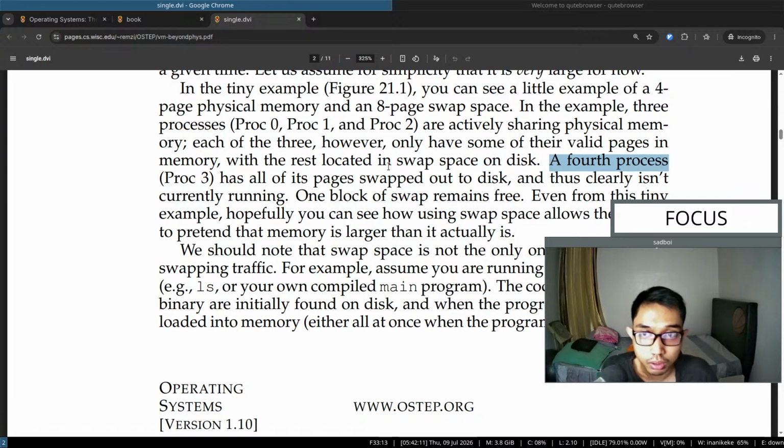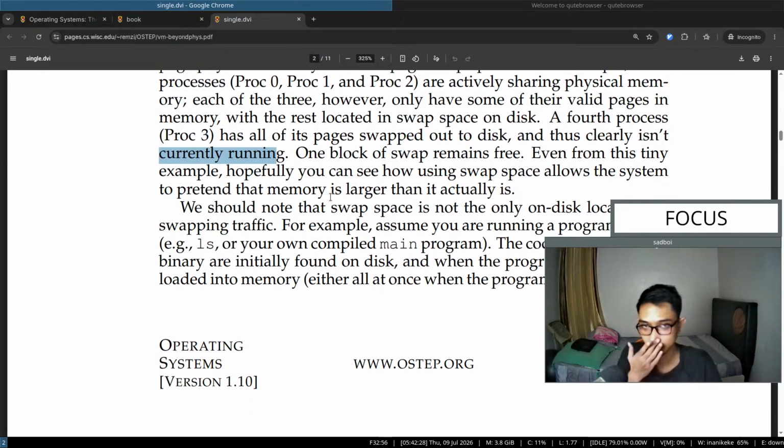A fourth process, Proc3, has all of its pages swapped out to disk, and thus clearly isn't currently running. One block of swap remains free, even from this tiny example.